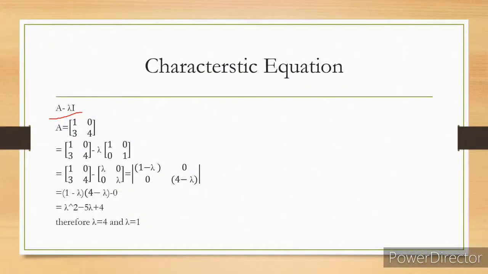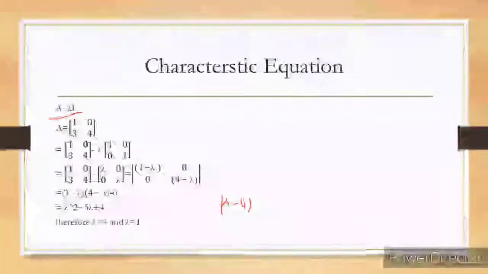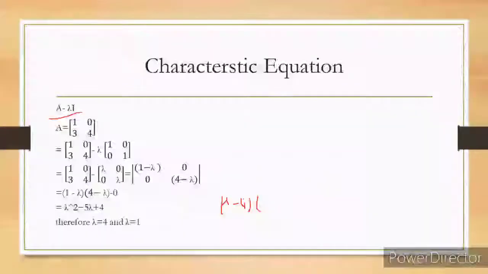You can simplify it as lambda minus 4 and lambda minus 1 equals 0. Therefore you will arrive at lambda equals 4 and lambda equals 1.